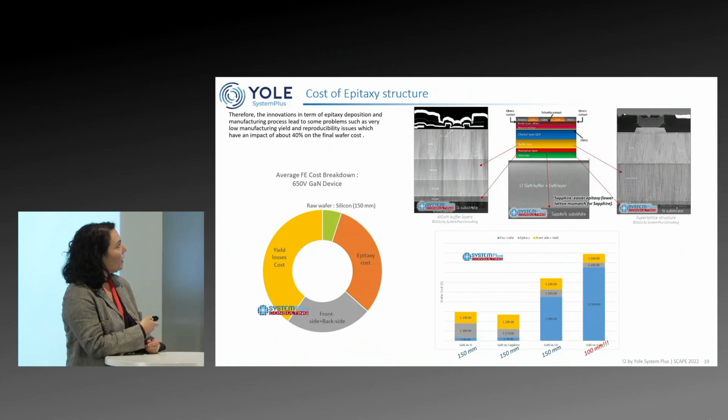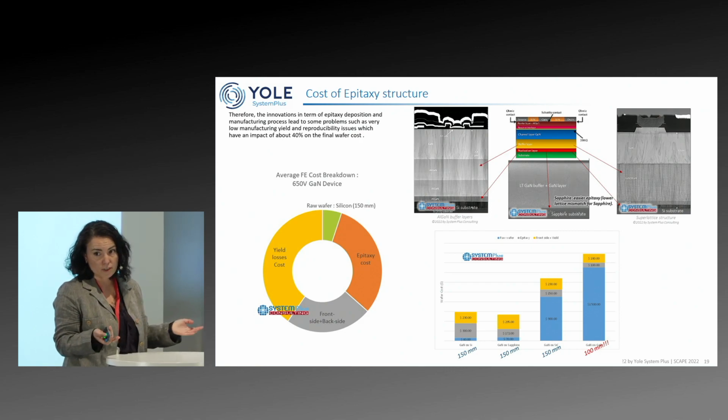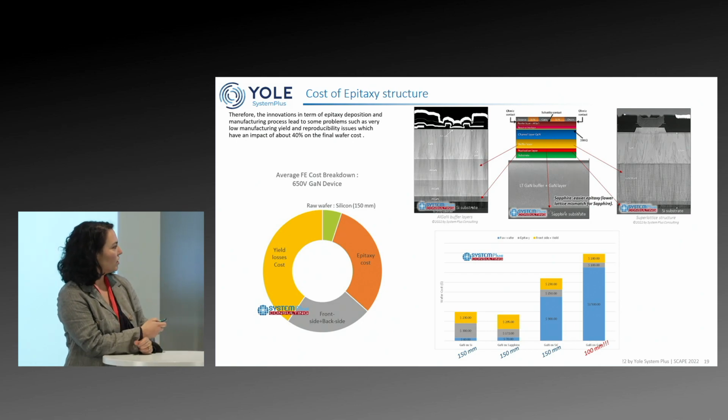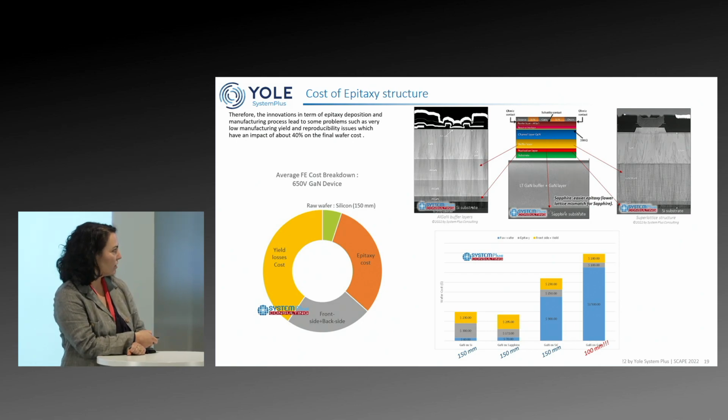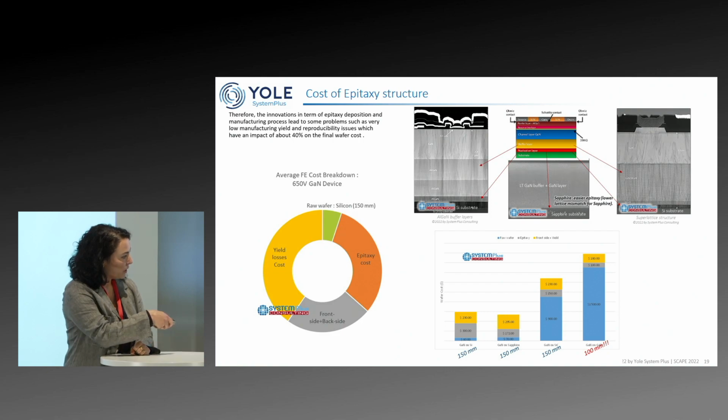I want to highlight the epitaxy because again it's the highest cost for a device. Obviously sapphire and silicon have the same cost as the silicon you use for other applications. So the epitaxy is actually the higher cost, and there are still yield losses at the end. Here I also want to make some simulation of what happens if you use other substrates, like sapphire.